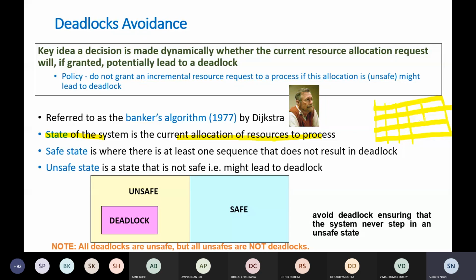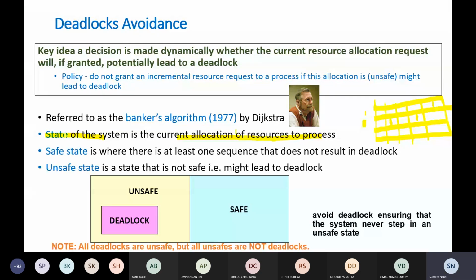Now we can say that this particular process has this resource type 2 units, this resource type 1 unit, and this has probably this resource type 3 units, like that. So we can represent that allocation state as well as the requests in the form of some matrices or vectors. The contents of those matrices and vectors together form the state of the system.